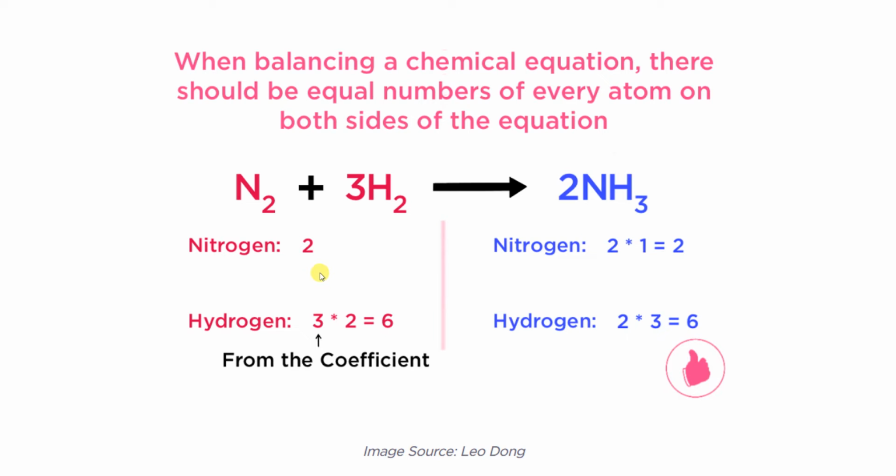Before, N is equal to 2, after the product also N is equal to 2, and hydrogen before is 6, and after the product again H is 2 into 3, which is 6. 2 times NH3. So now you see nitrogen is 2 here, here also 2, hydrogen is 6 here, in the product also it is 6. Now we call it a balanced equation.